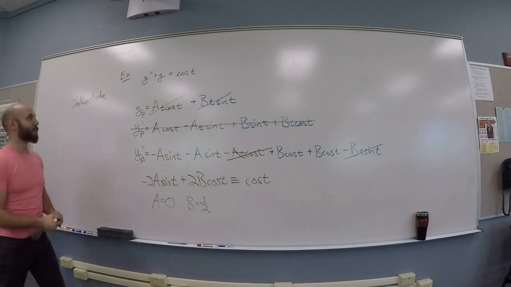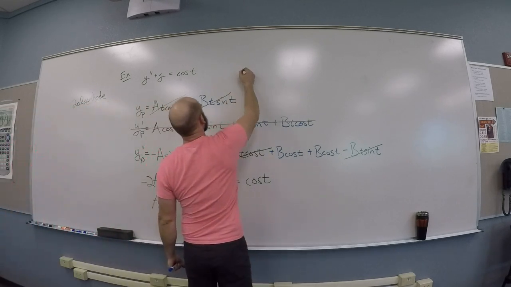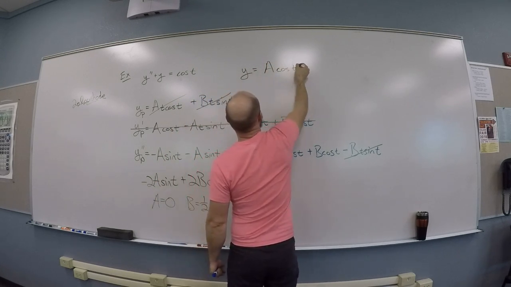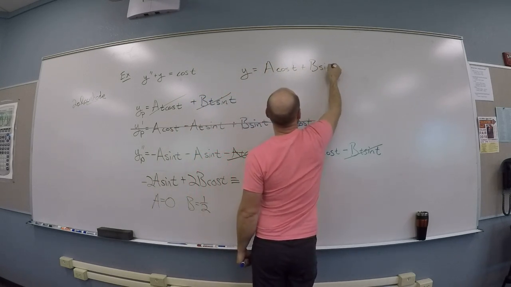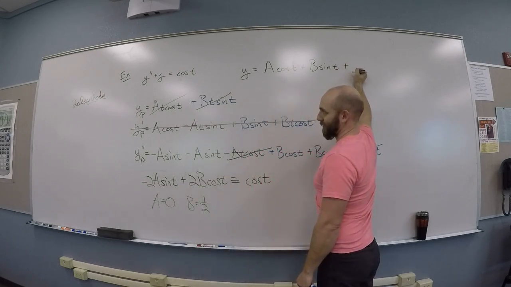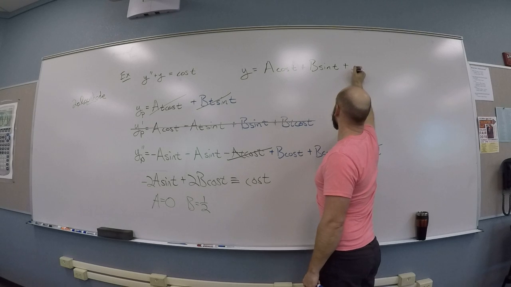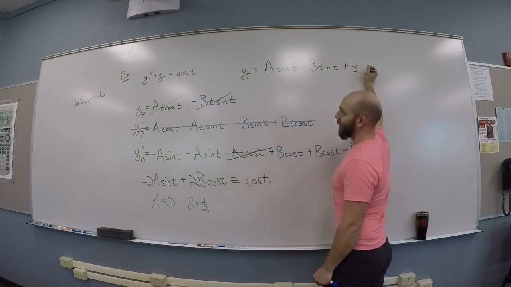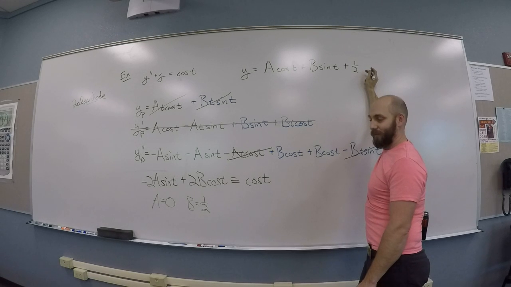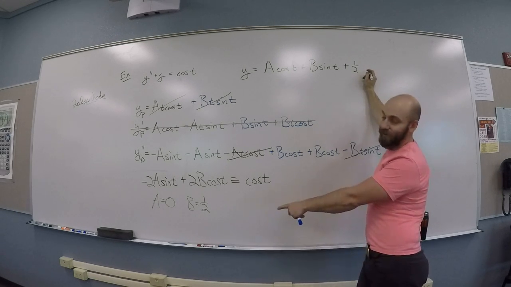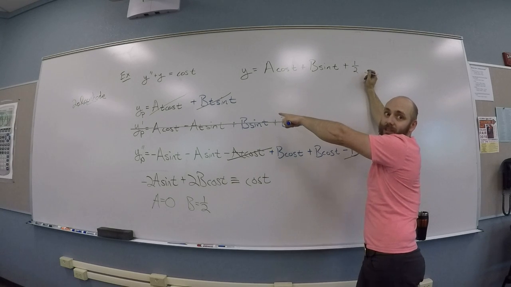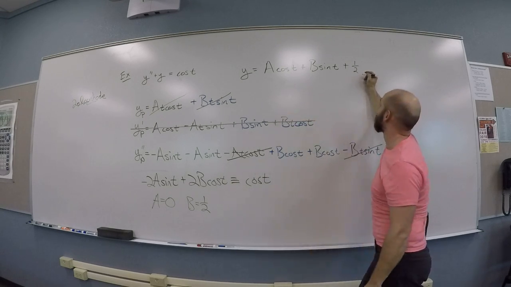So my answer for y was the homogeneous thing I started with, a cosine t plus b sine t, and then your particular is 1/2 t sine t.